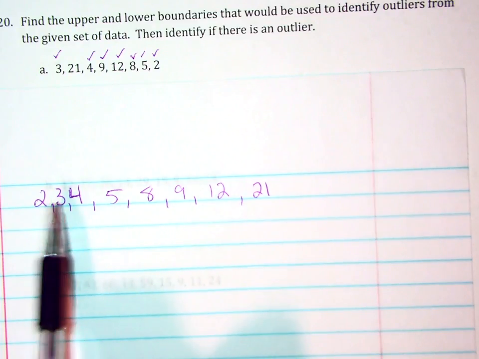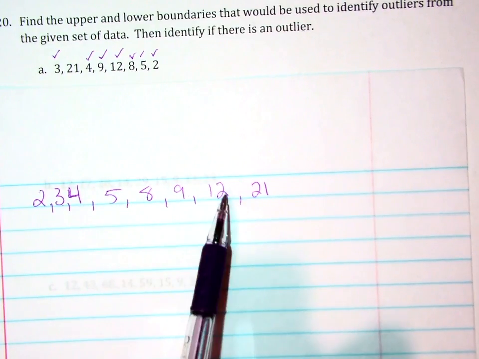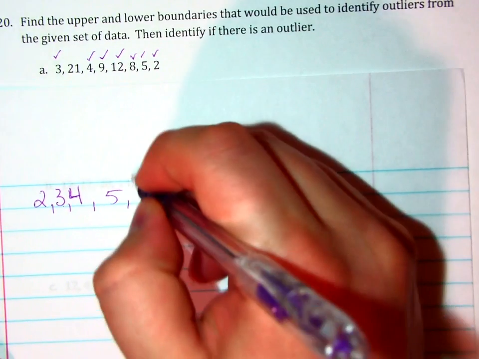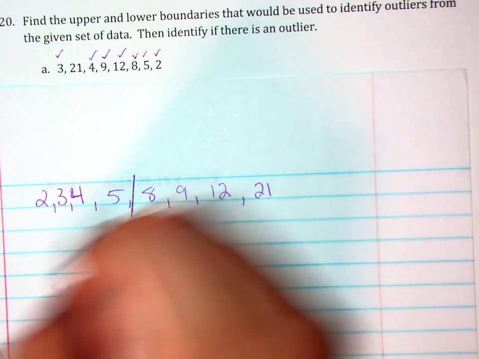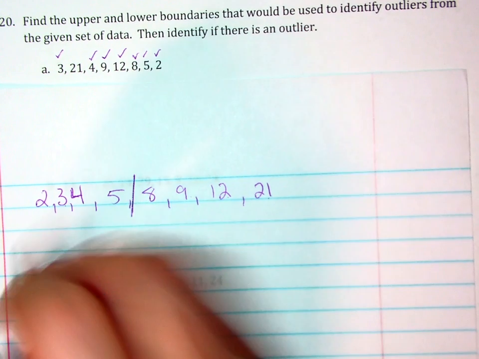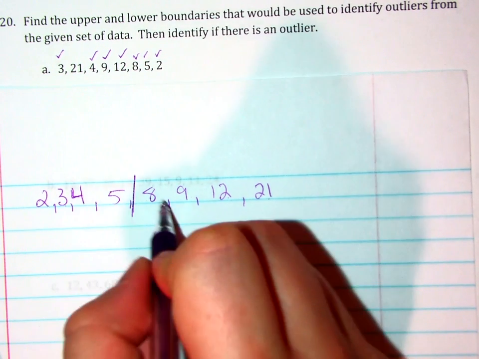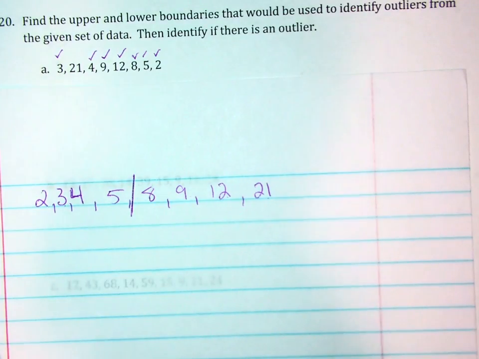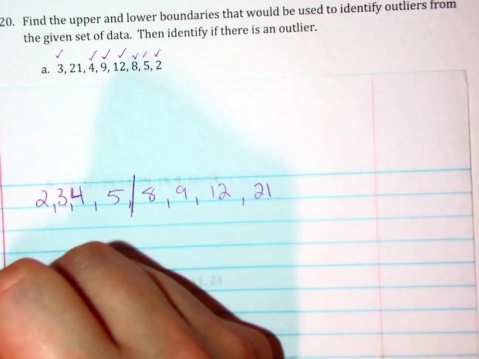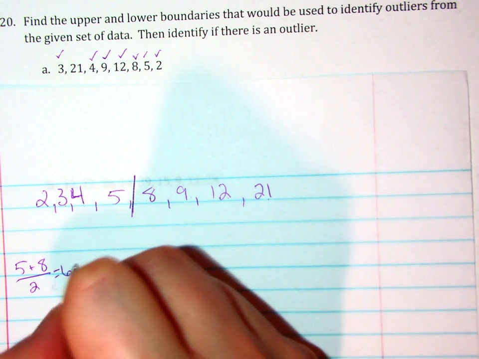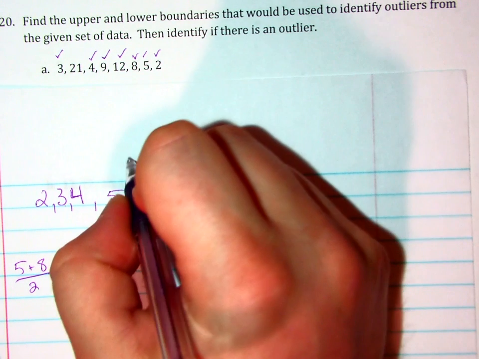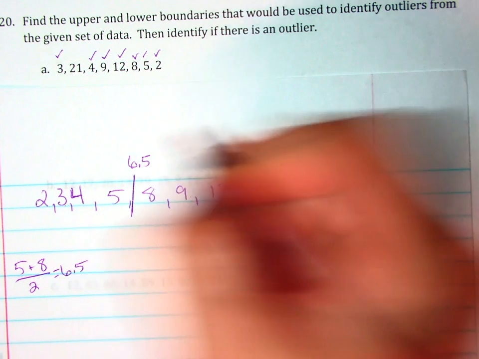And we have 1, 2, 3, 4, 5, 6, 7, 8 numbers, which means my middle term is going to come somewhere right in there. So I need to find my average of the two terms to the left and right of my median. That would be 5 plus 8 divided by 2 equals 6.5. So my median is 6.5.